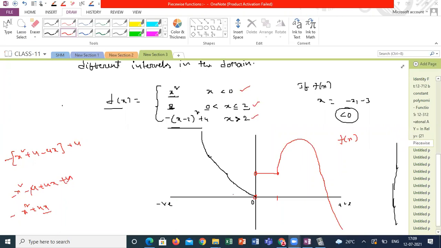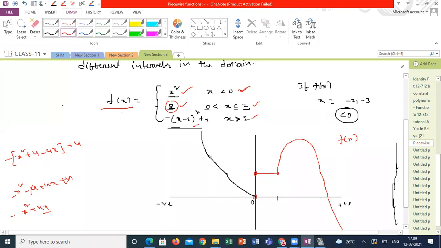Raghav: Sir, can you repeat, sir? See, if any function is defined as parts of subfunctions, this is one function, this is another function, this is another function, and each subfunction has a particular interval. All the intervals together are the domain of f of x. Then that function is called a piecewise function.